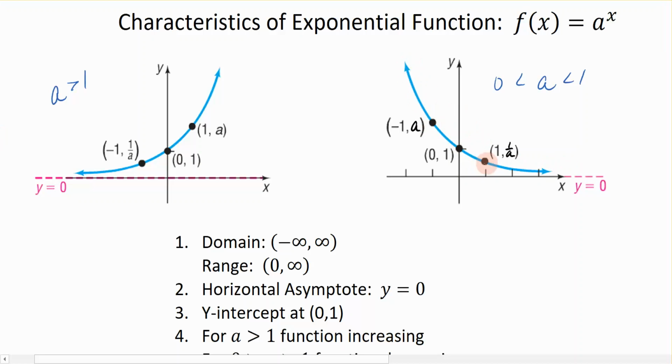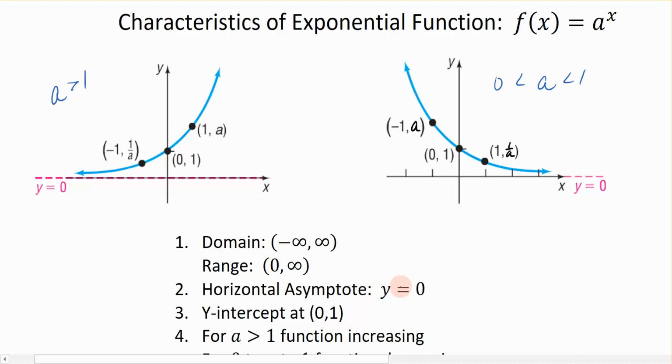For both of these functions, since they are both exponential functions, the domain and the range would be from negative to positive infinity for the domain, so all possible x values, and then the range, which talks about the y values, would be from 0 to infinity.